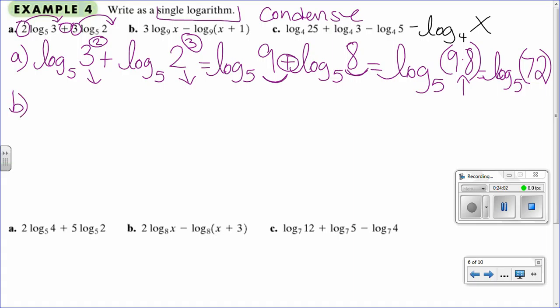All right, B. So we're going to apply the power rule again, in reverse. Power property. So log of x cubed base 9 minus the log of x plus 1 base 9.